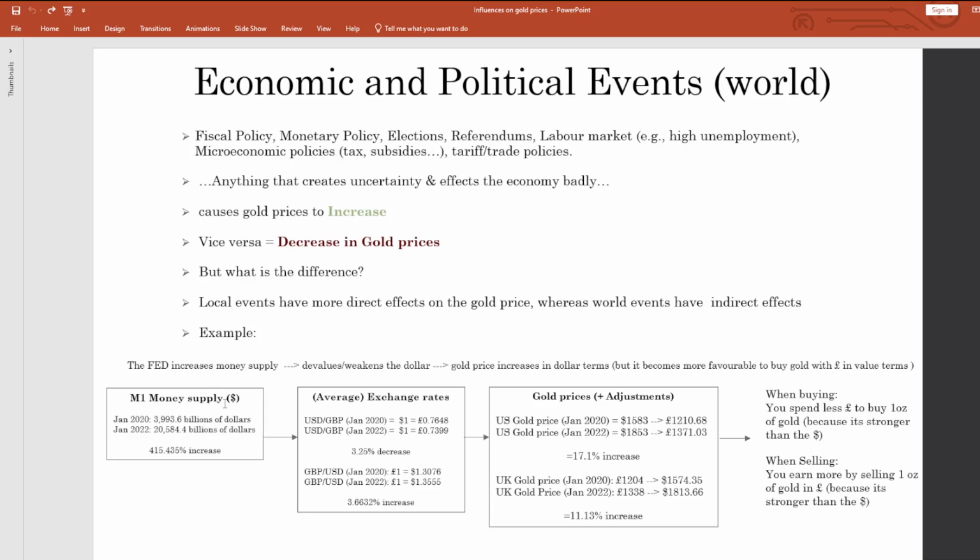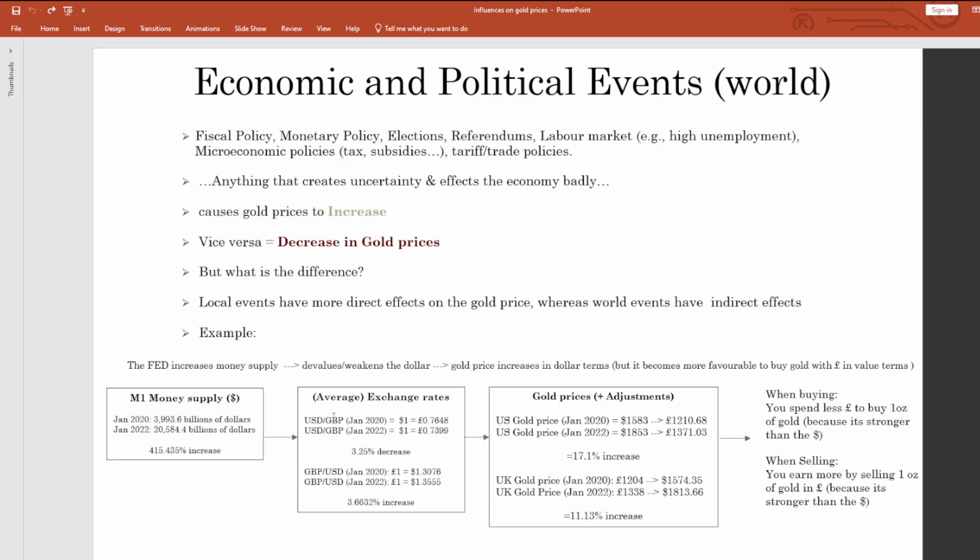The M1 money supply in January 2020 was almost $4 billion, and in January 2022 it was 20.5 billion dollars. So that's a 415% increase in the money supply. Now, in this time period, what happened to the exchange rates because of this increase in money supply?